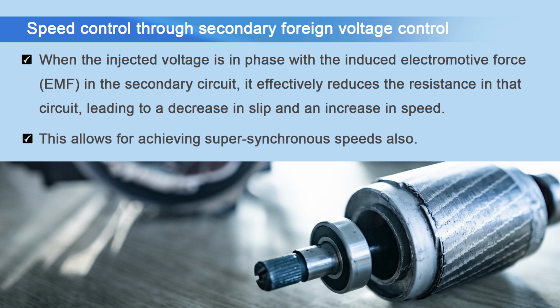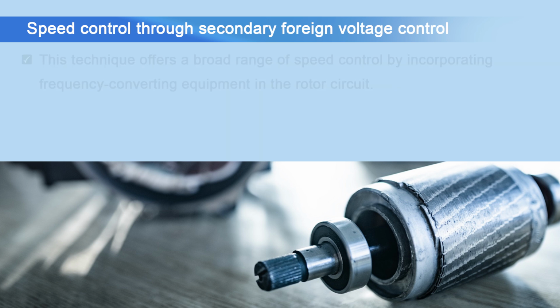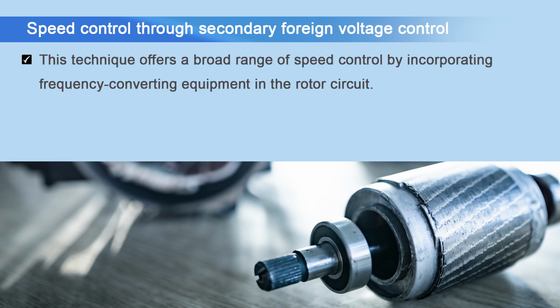So, this allows for achieving supersynchronous speed also, and conversely, if the injected voltage is out of phase with the induced EMF, it acts as if increasing the resistance in the secondary circuit, which results in higher slip and hence reduced speed. So, this technique offers a broad range of speed control by incorporating a frequency converting equipment in the rotor circuit.